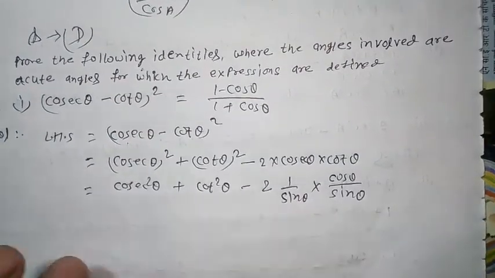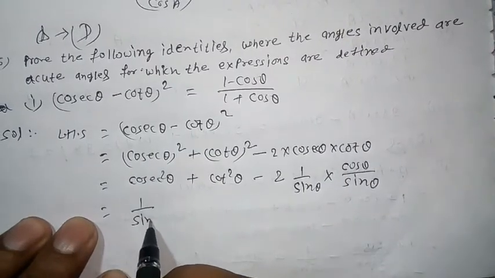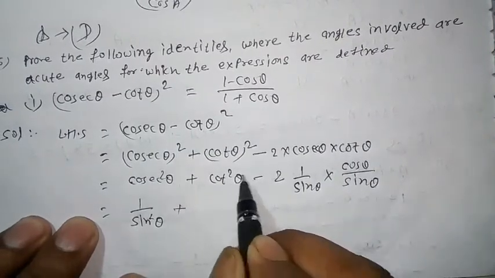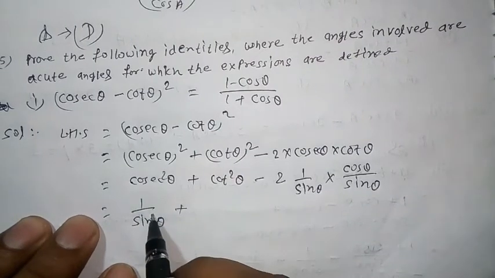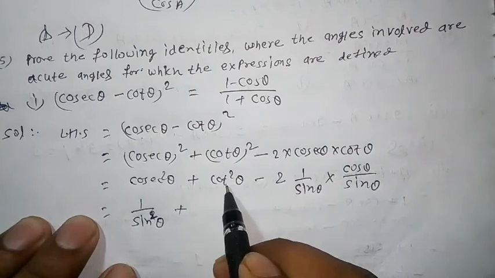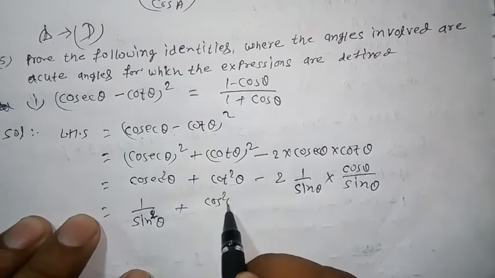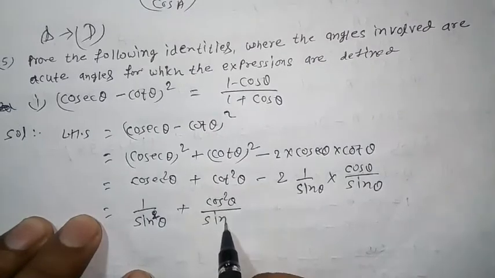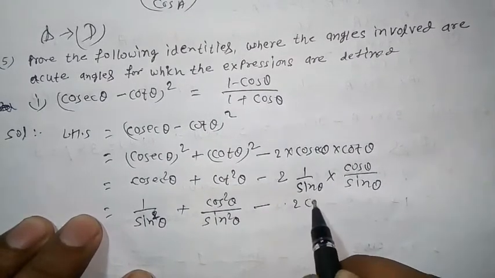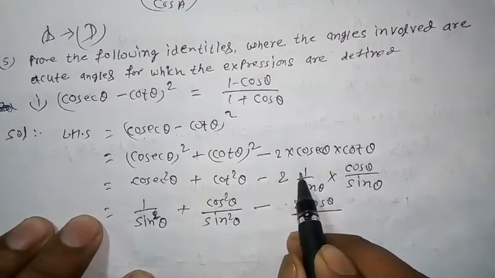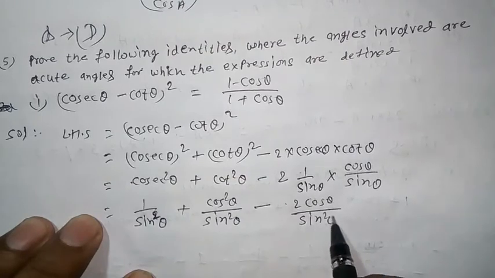Okay, cosec square theta is equal to 1 by sin square theta, because cosec theta is equal to 1 by sin theta. Cot theta is equal to cos theta by sin theta, so cot square theta is equal to cos square theta by sin square theta, minus 2 cos theta by sin theta into sin theta, that is sin square theta.